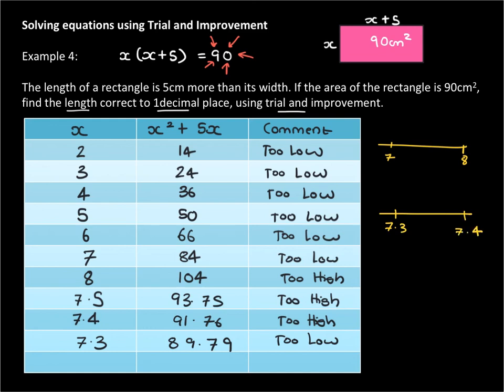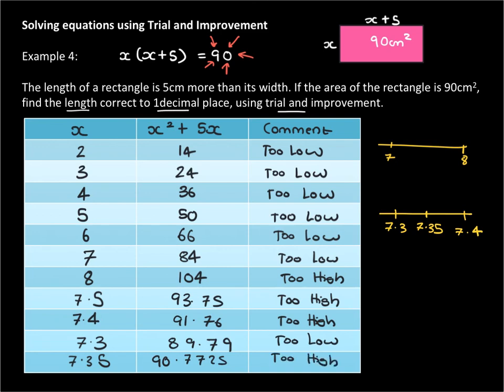But we want to know, does it round down to 7.3 or up to 7.4? So we're going to test a value in the middle, which is 7.35. Just about got room for this in the table. And that gives me 90.7725, which is slightly high.